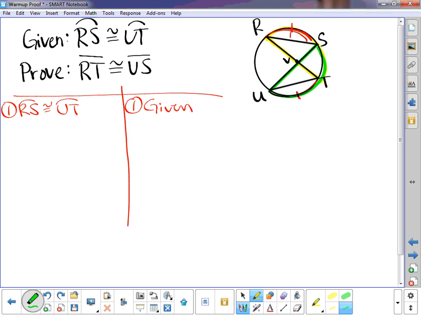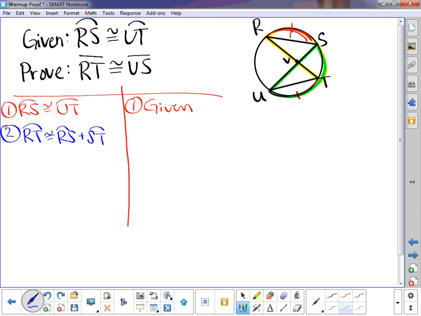We know that the red pieces are the same. Don't they just share that same piece there? Yeah, so for the whole segment addition postulate, angle addition postulate, we can also use that with arcs. So I'm going to say that arc RT is made up of RS and ST. Do you guys agree with that?